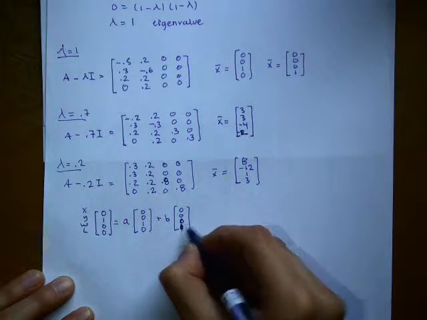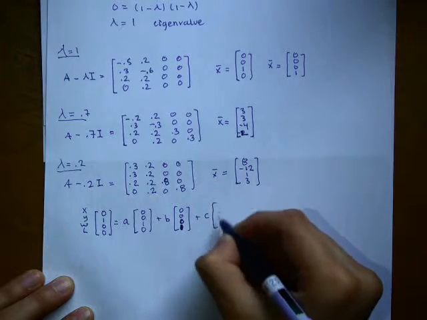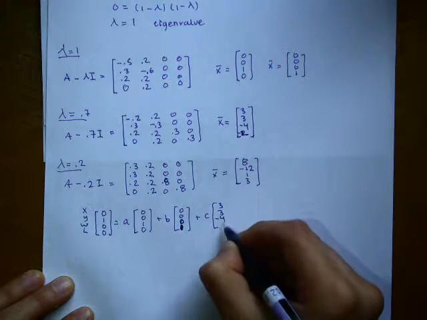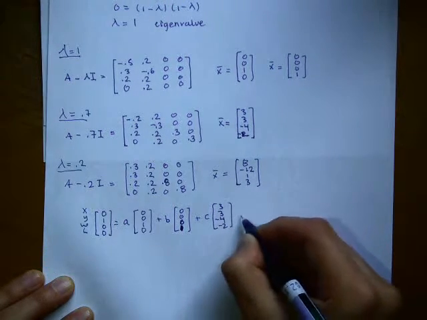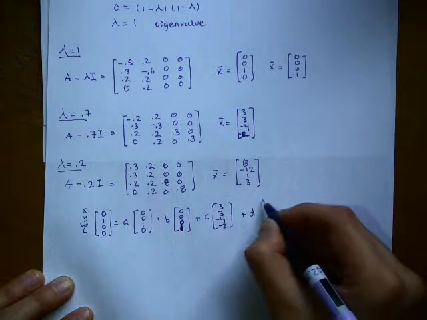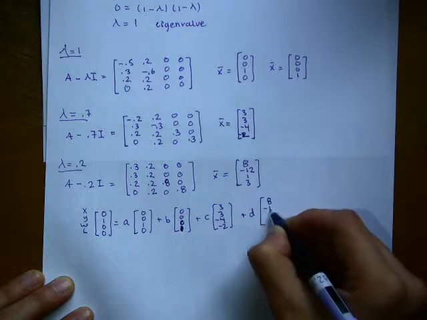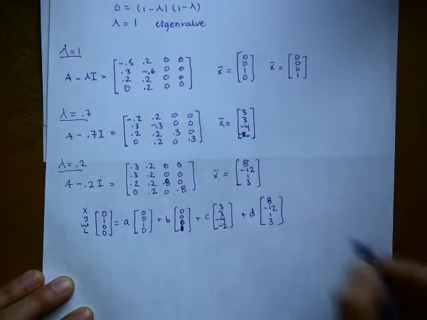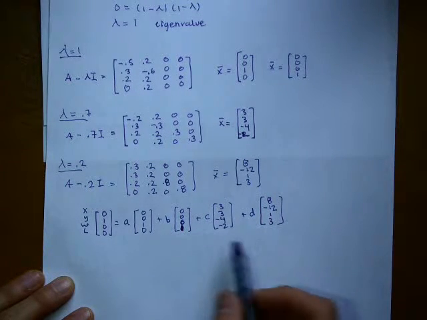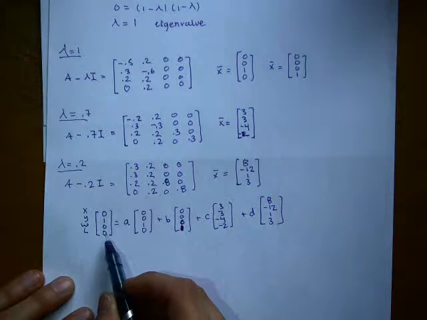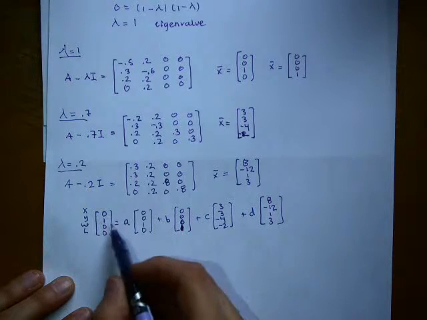That's a 1. And same thing for our other two eigenvectors. So some linear combination of these vectors here is going to give us our starting vector, which is our starting point on node y.